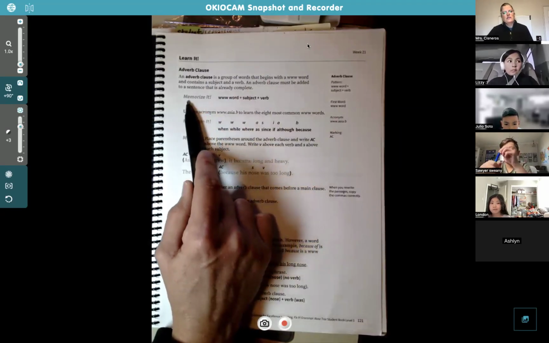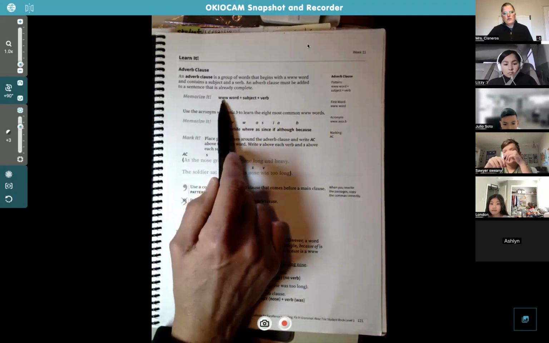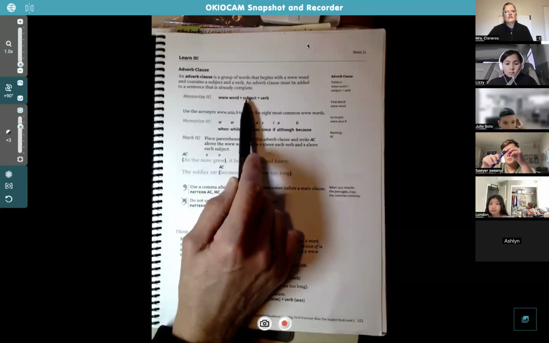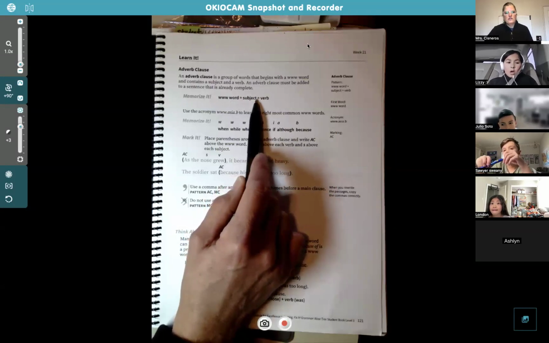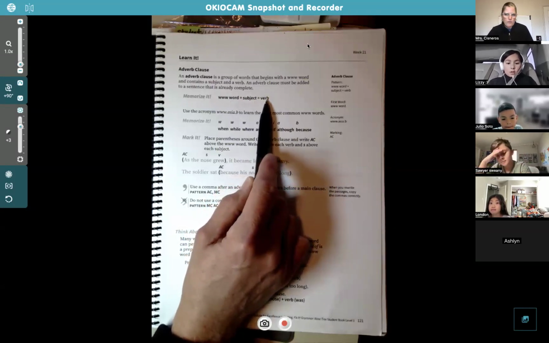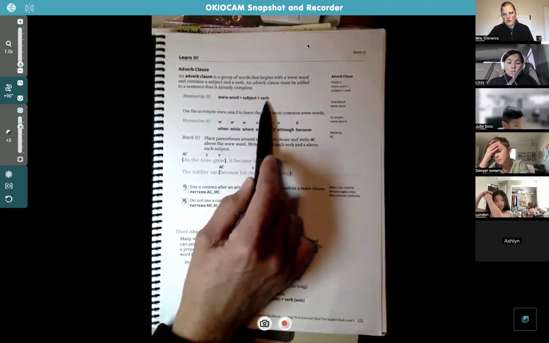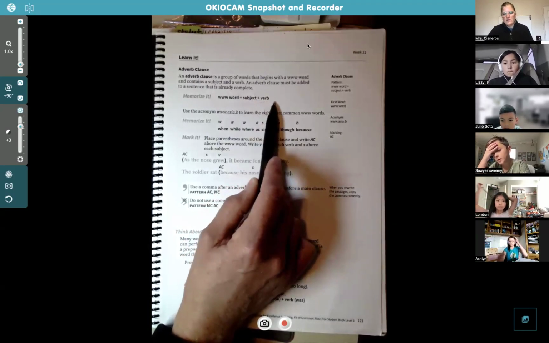And then it says memorize it: www word, plus subject, plus verb. It's almost like a who which clause, because a who which clause has who or which plus the subject and verb.